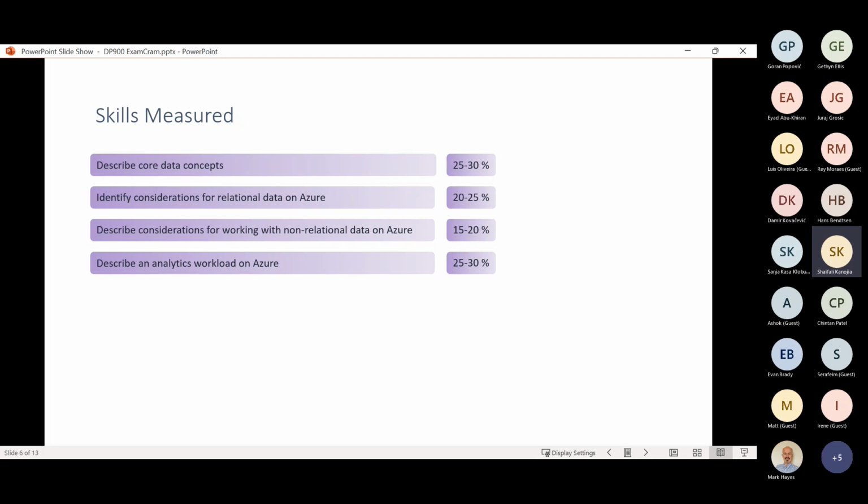And then the last one, which is quite interesting and also very important, is not just restricted to the business intelligence team or data engineering team.